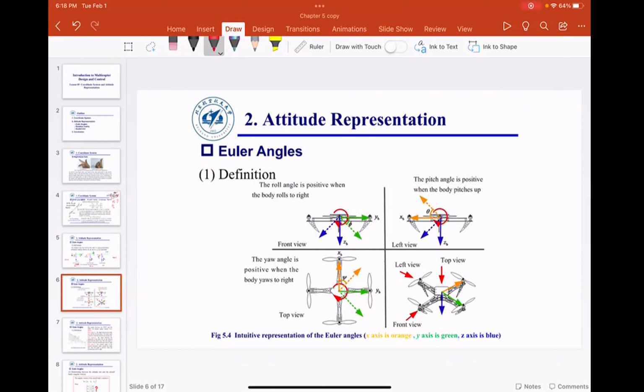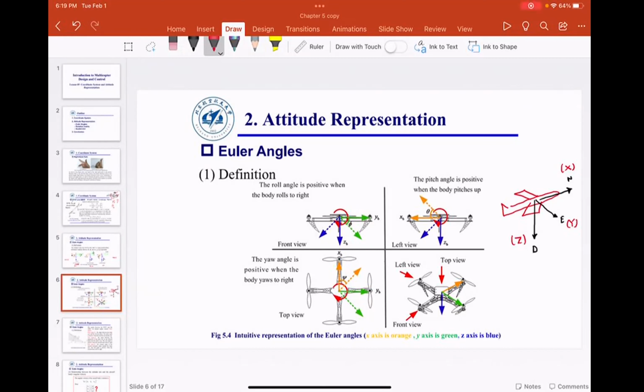So let me draw a fixed wing aircraft. So this is the fixed wing aircraft. This is north, this is east, and this is down. So north is x, east is y, and down is z.